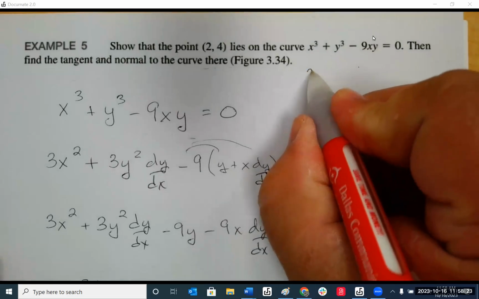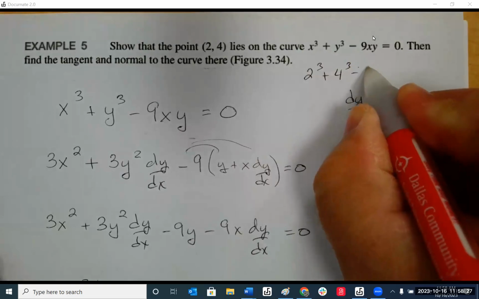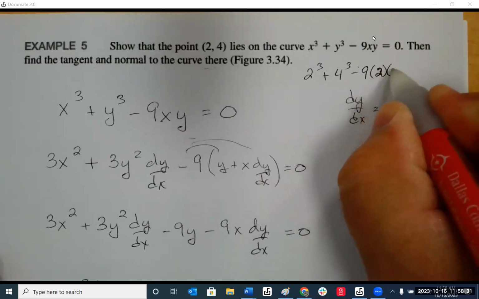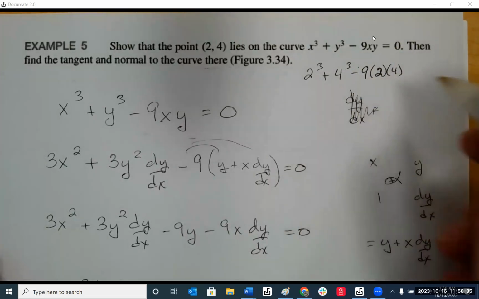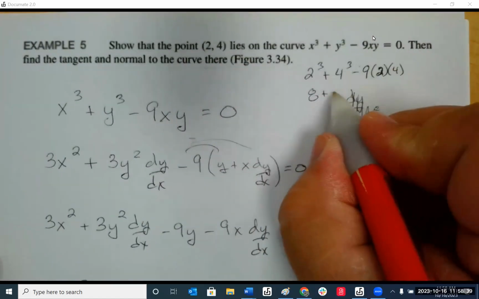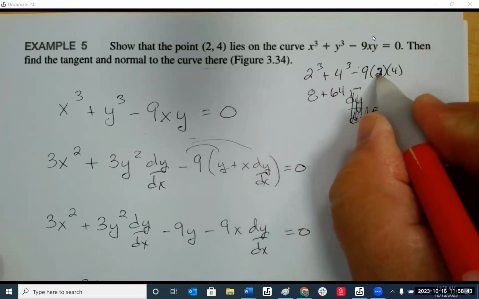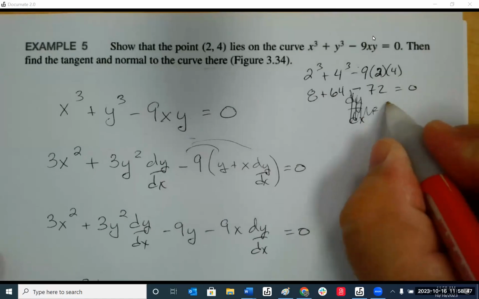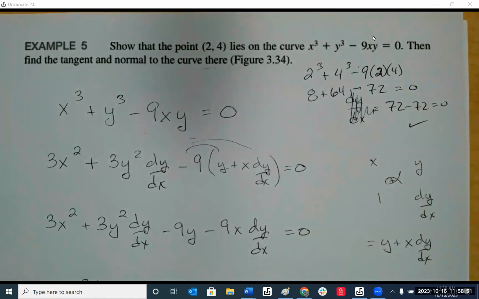So we have 2 cubed plus 4 cubed minus 9 times 2 times 4. 8 plus 64, 72 minus 72 equals 0. So yes, it is a point on the curve.